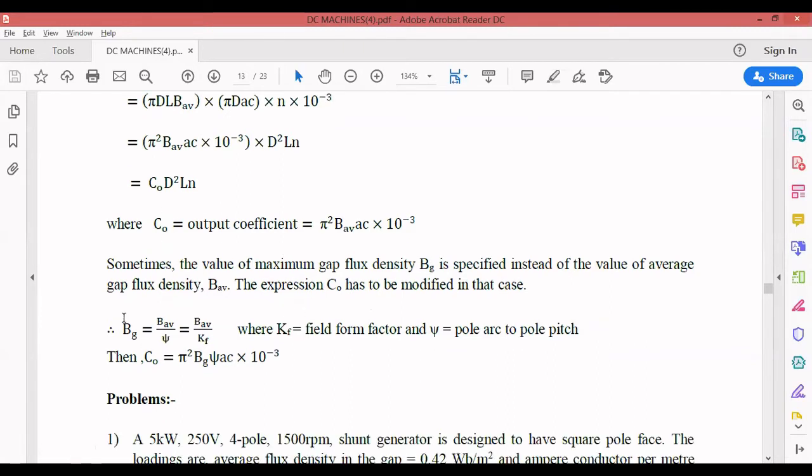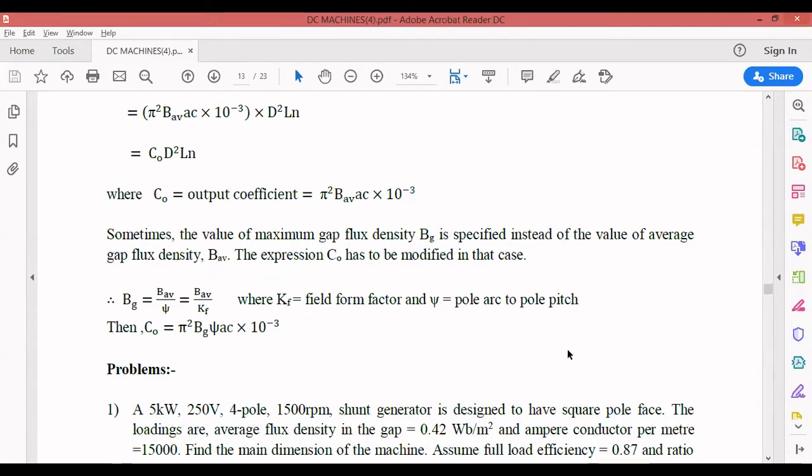Bg is equal to Bav by ψ, where Bav is the average gap flux density and ψ is the ratio of pole arc to pole pitch. ψ is also written as Kf, the field form factor, equal to the ratio of pole arc to pole pitch. So sometimes it will be expressed in terms of Bg instead of Bav, and then your output coefficient C0 will be modified.